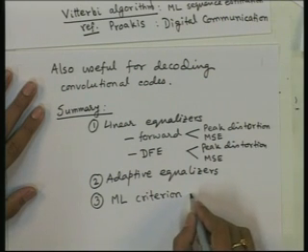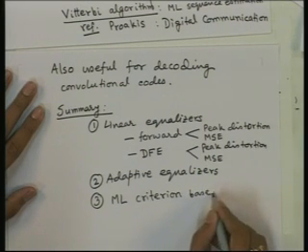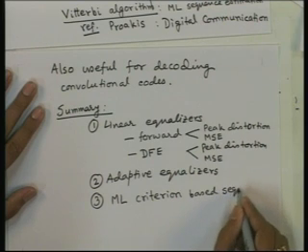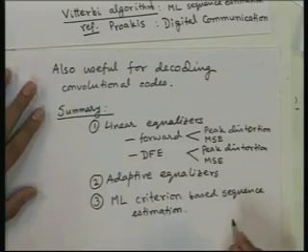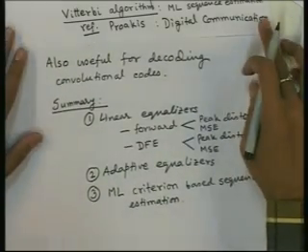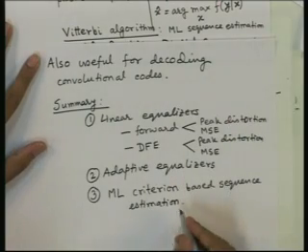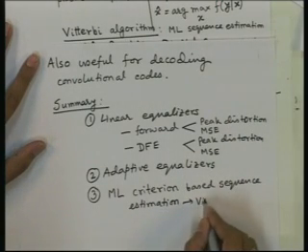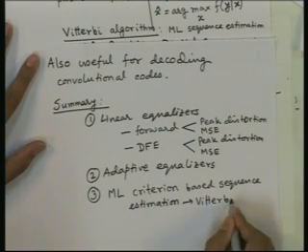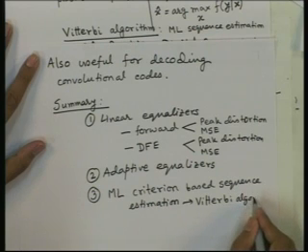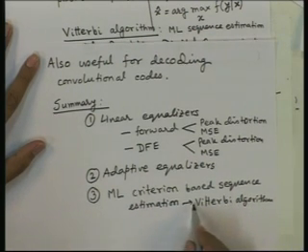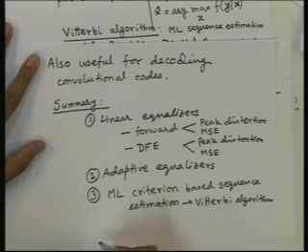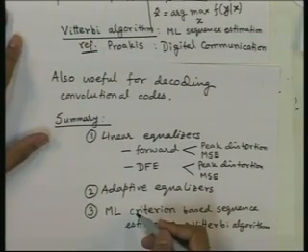That is ML criterion based sequence estimation. And one very popular method for this is the Viterbi algorithm. Not only for the Viterbi algorithm, for any of the topics please refer to Proakis, Digital Communication.